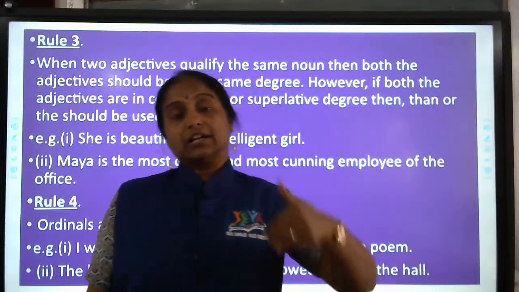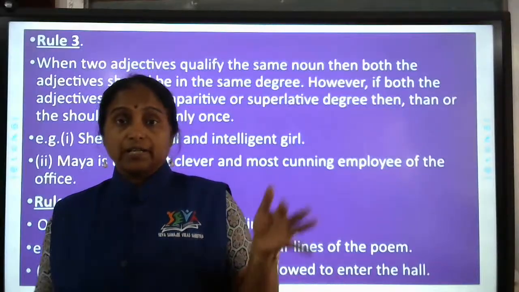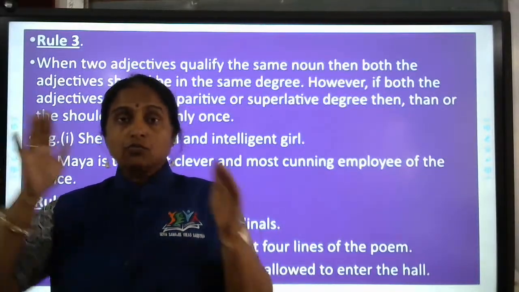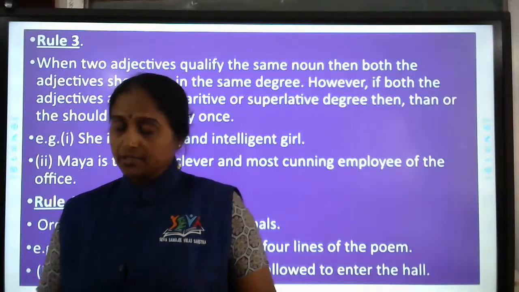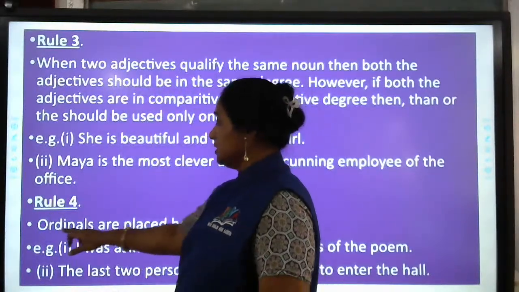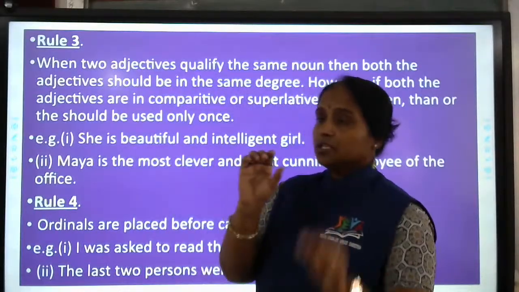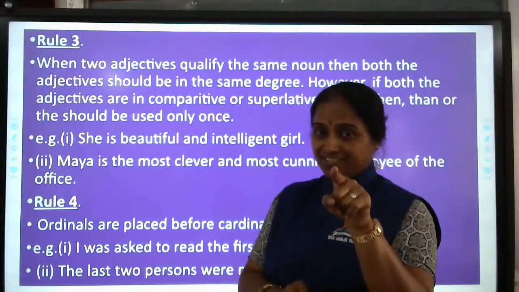And when we say first, second, third, fourth, fifth, 10th, 20th, it shows the order, at what level or at which place that object is. So they are called ordinal numbers, the form of the number. Instead of one, we said first.